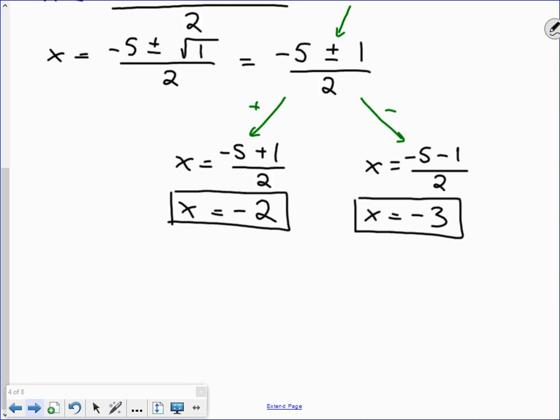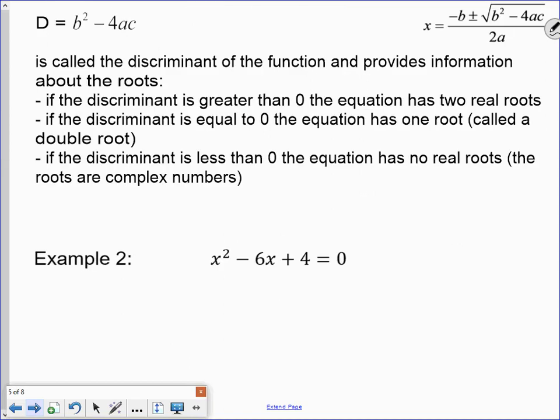Now, are there ways of making this a little bit more reliable as a calculation? Here's what I'm going to suggest. If we look at our quadratic formula, x equals negative b plus or minus the square root of b squared minus 4ac, we notice this little part underneath the square root, b squared minus 4ac.